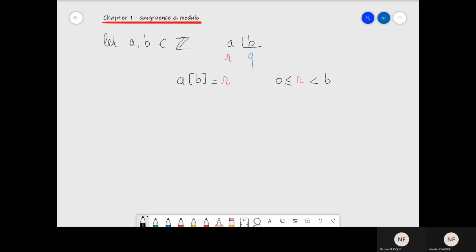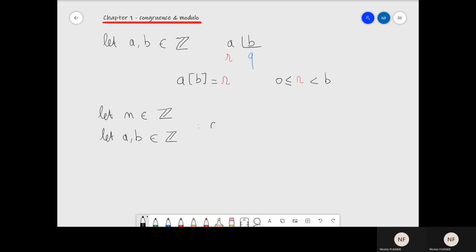This is a notation that you also find in the document for the course. Now let n be some integer number. We can also write some congruence relation between two numbers. So let also A and B be two integer numbers.